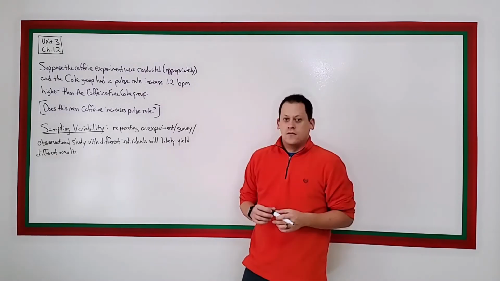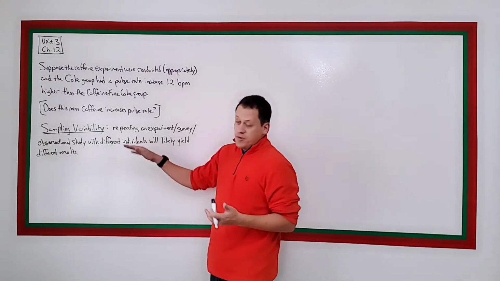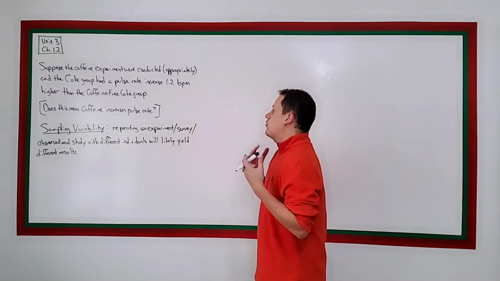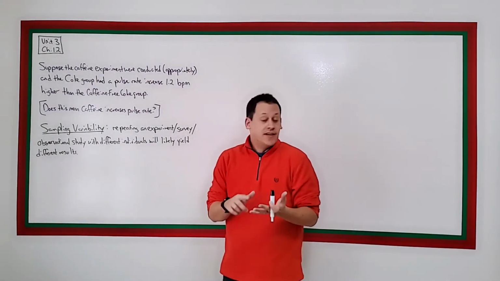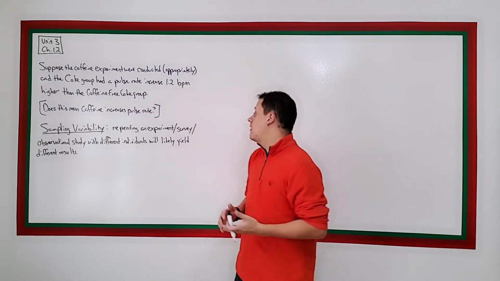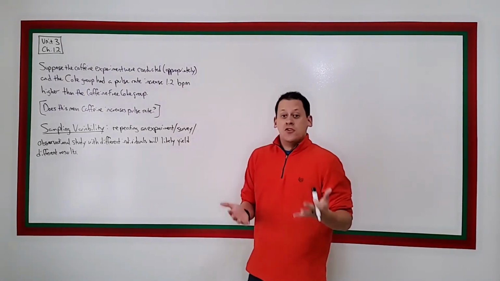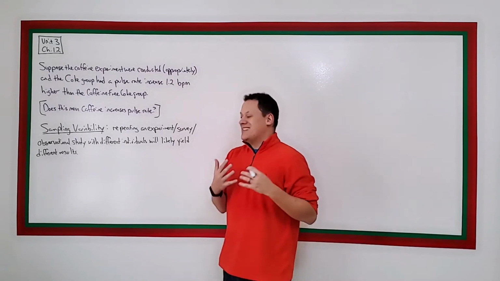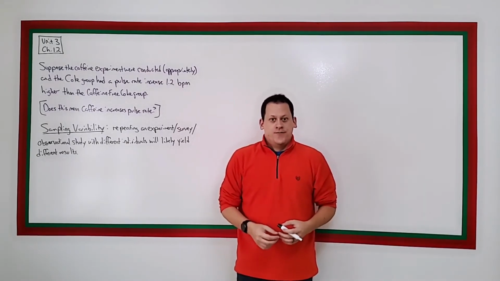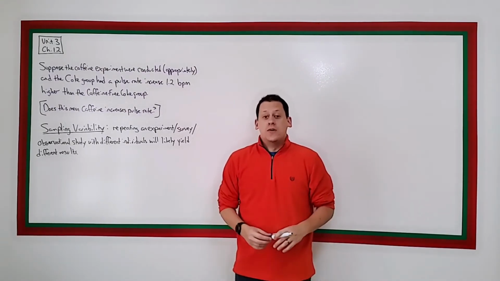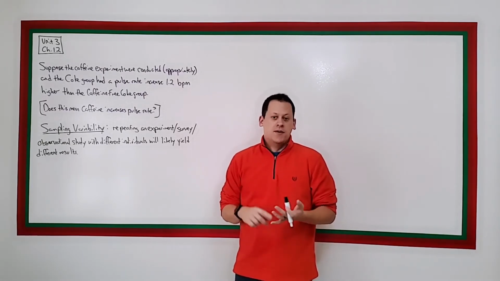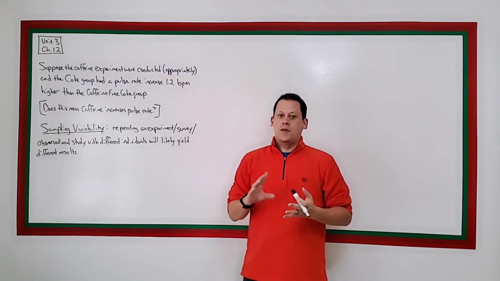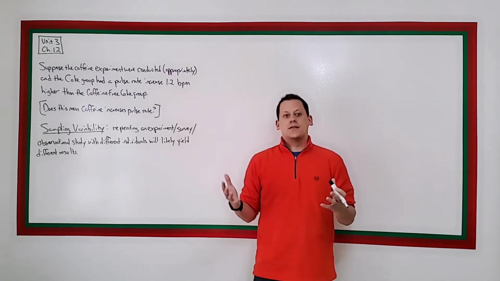So in general, sampling variability is the notion that if you repeat an experiment, or this actually applies to surveys and observational studies as well, if you repeat it with different individuals, you will likely get different results. How different of results could you get? It depends on the context. It depends on your variables. It depends on the individuals you're looking at, the population, all of those things.